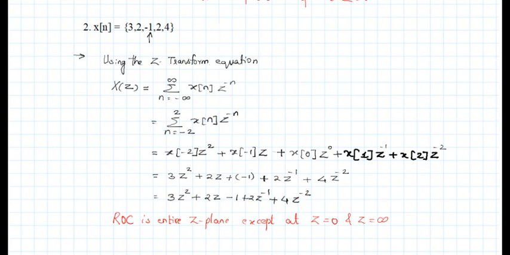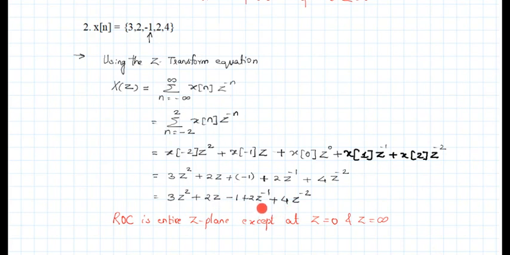If we put Z as 0, the negative powers of Z make the Z transform infinite. And if we put Z as infinity, the positive powers of Z make the Z transform infinite.